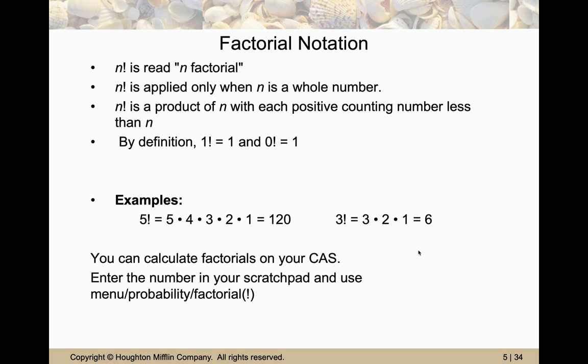So down here I have an example of 5 factorial. That's going to be 5 times 4 times 3 times 2 times 1, which is 120. One thing you need to know is that by definition, 1 factorial is equal to 1, and 0 factorial is also equal to 1. Okay, that's by definition. All right, so then 3 factorial is 3 times 2 times 1, which is 6.